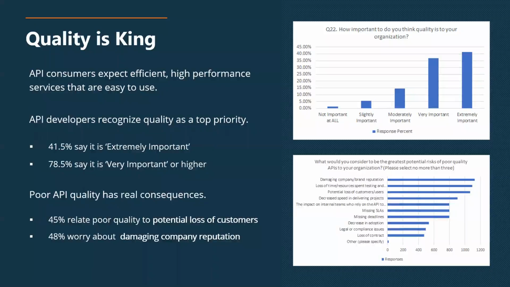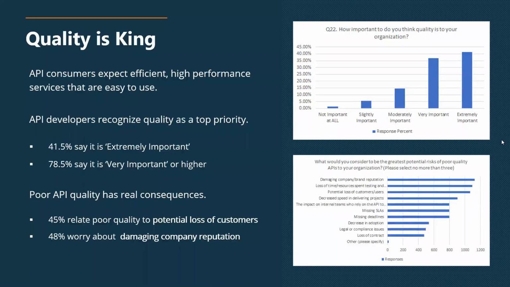From speaking to developers and API designers on calls and at conferences, the communication with the consumers and what they deliver needs to be of extremely high quality in order for this to work as expected and not impact, let's say, revenue or consumers.